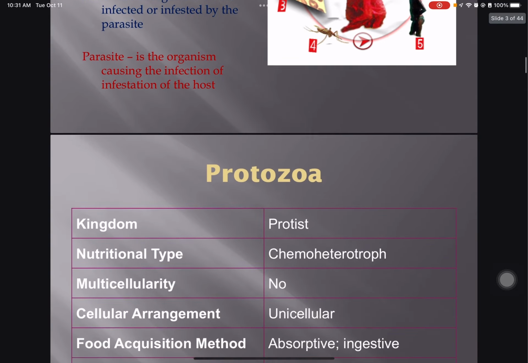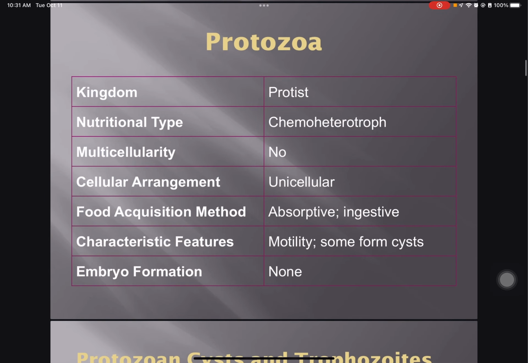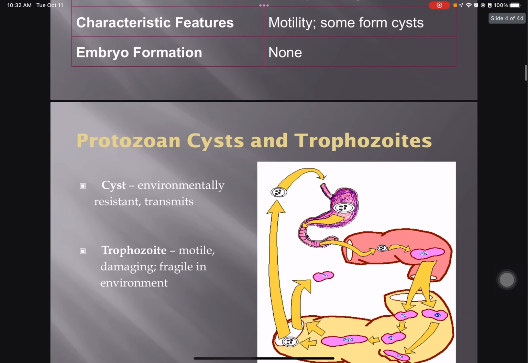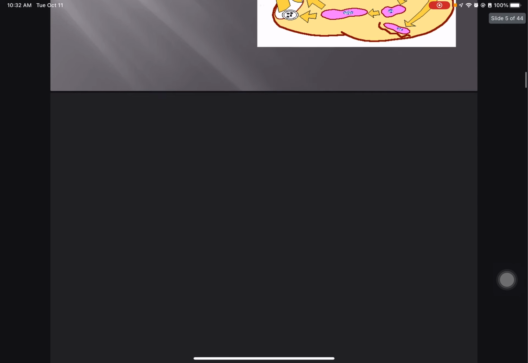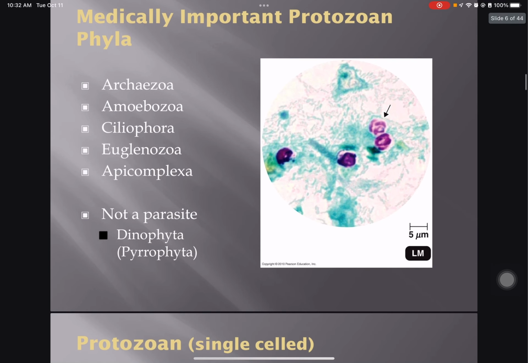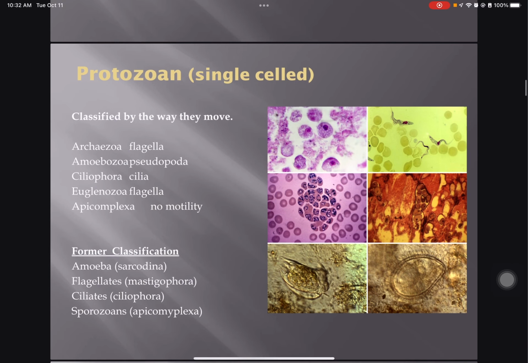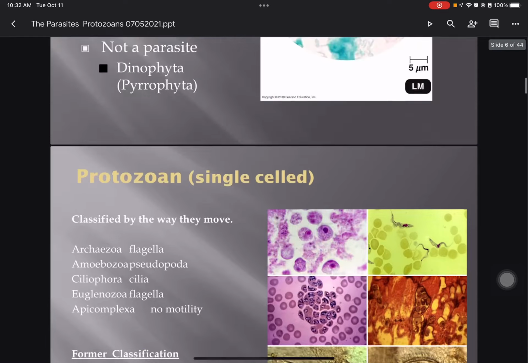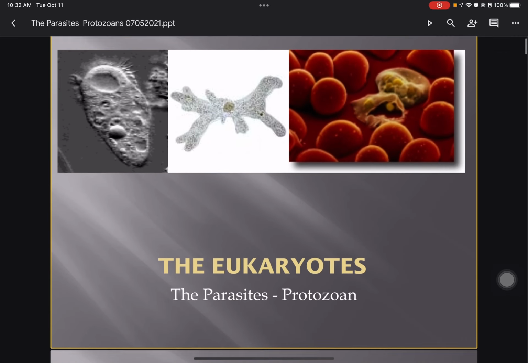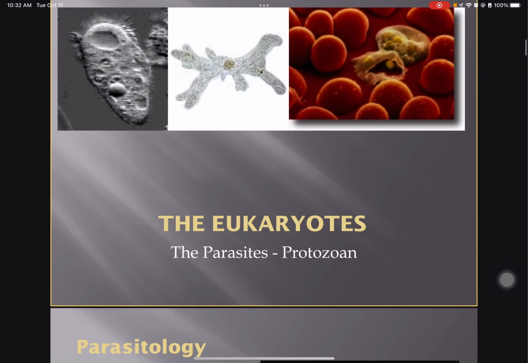And then there's one group of organisms down there at the bottom. You can see the Dinophyta. I said they're algae, they're not a parasite. I don't have anywhere else to talk about these things, but they're so important clinically that I have to talk about them. So I put them here, and they're single-celled organisms. They have a nucleus.